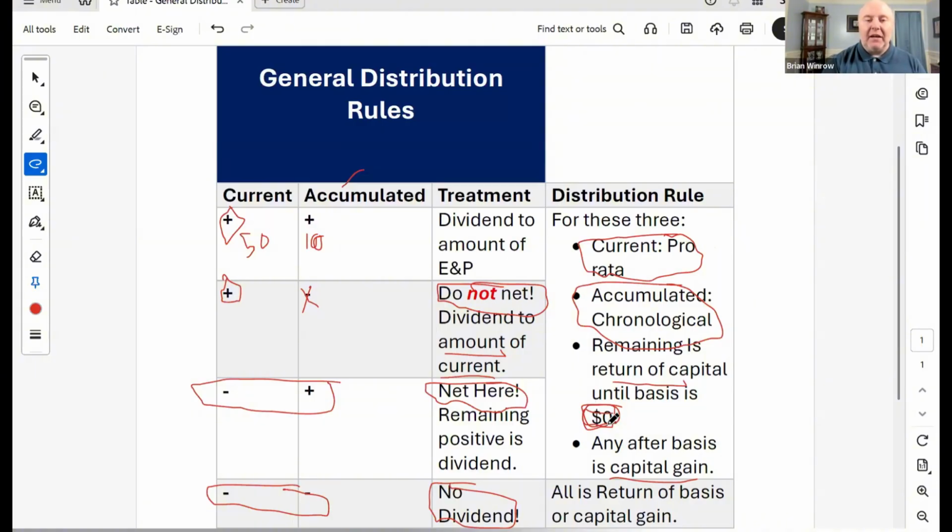It has to be. Otherwise, there's no way that you could even have a capital gain because it would be a return of capital. So until basis is 0, you don't have a capital gain. Once basis is 0, any additional distribution, now we're completely capital gain.